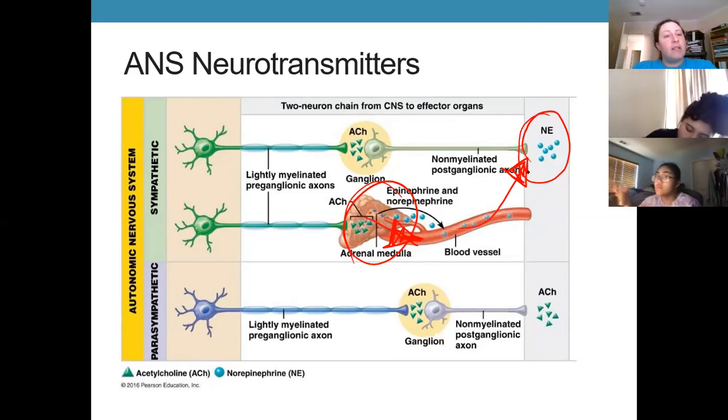So it gives the sympathetic nervous system a stronger effect when it has to act. Okay, so the easiest way to remember is that there's really only one place that uses norepinephrine, and everybody else uses acetylcholine.